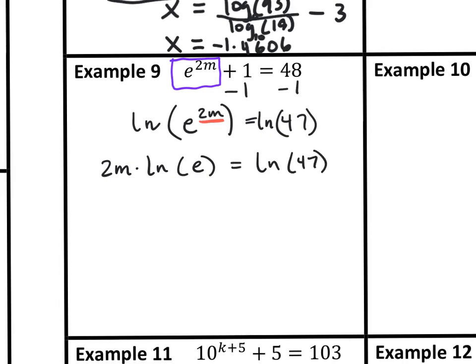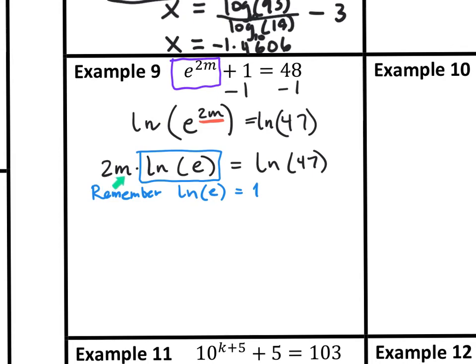Okay. But what I want you to remember is that ln of e equals 1. So this part here is equal to 1.